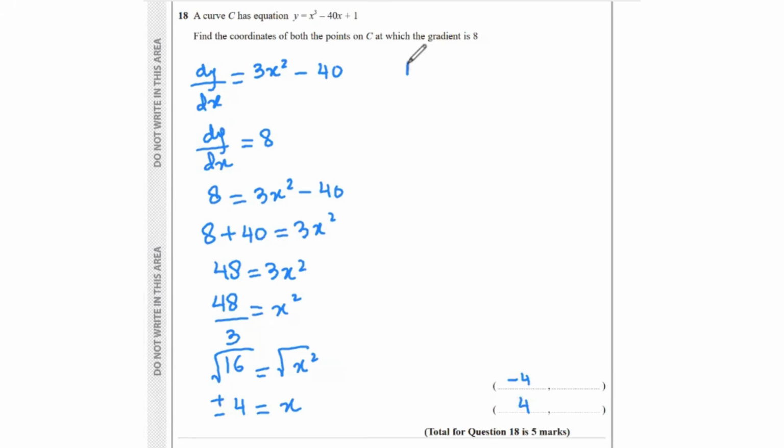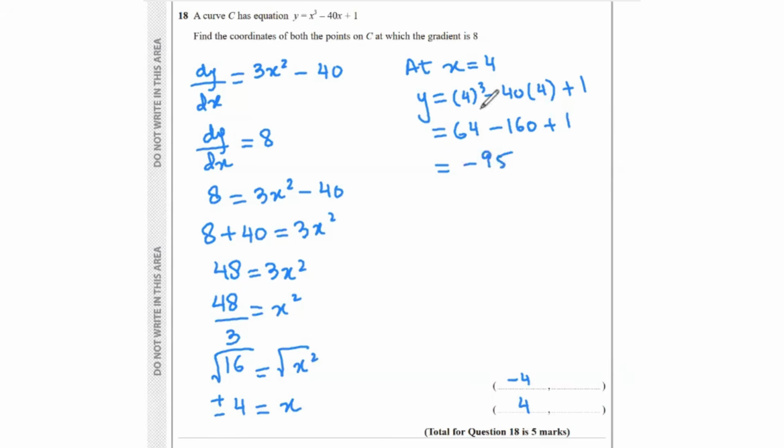Now for y, we'll put it back into the original equation. So at x equals positive 4, y equals 4 cubed minus 40 times 4 plus 1. That's 64 minus 160 plus 1, which is equal to negative 95.